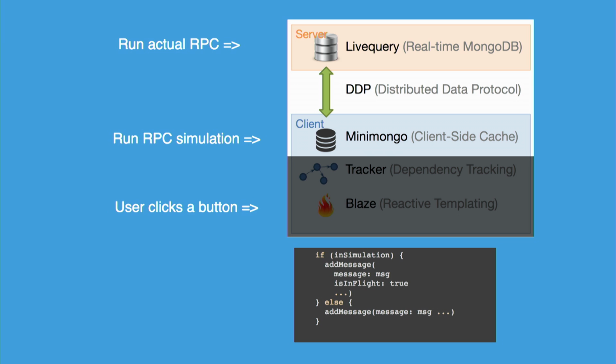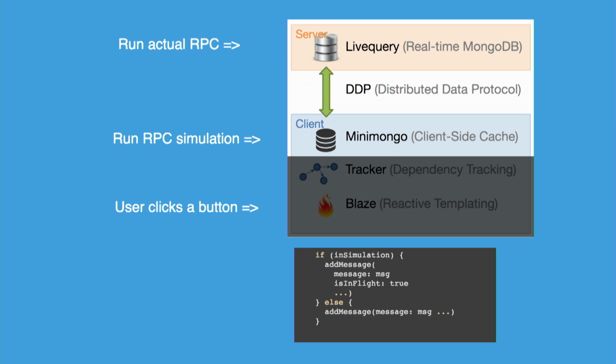And in Meteor, RPCs are simulated on the client to achieve this latency compensation, this fast result. So on the bottom right, I have an example, a pseudocode, of how my RPC would look. It would be something like, if it is in the simulation, then add a message and set a flag called is in flight to true. Otherwise, on the server or not inside the simulation, just add a message.